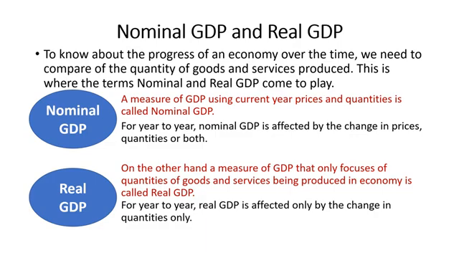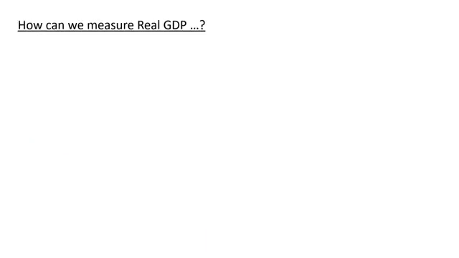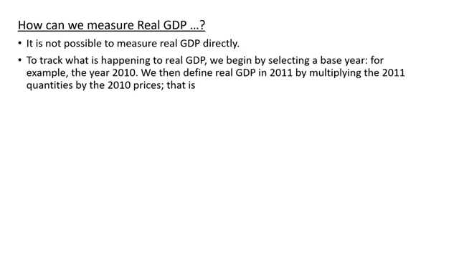The question arises, how can we measure real GDP? As noted earlier, we cannot add together the number of computers, shoes, restaurant meals, and so on. So it is not possible to measure real GDP directly. To track what is happening to real GDP, we begin by selecting a base year, for example, the year 2010.